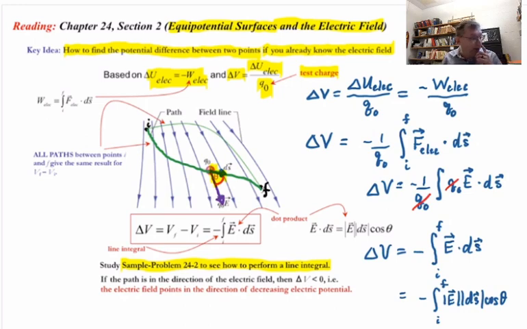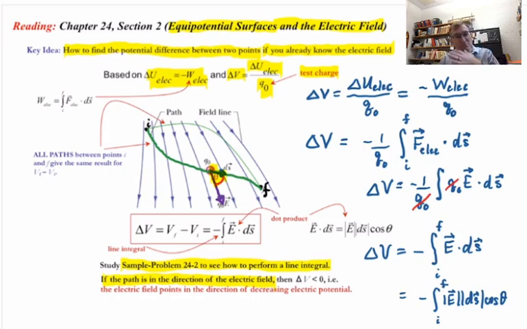But here's one thing to note. Because of that minus sign in that formula connecting delta V and this line integral of the electric field, it basically means this. If the path that you're taking from I to F is more or less downstream in the direction of the electric field, it flows, if you like, with the electric field.